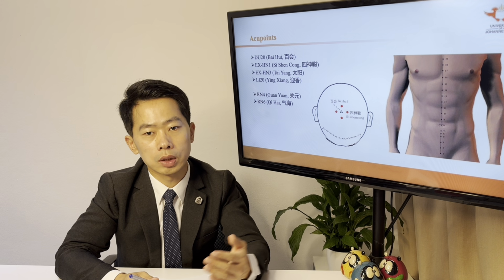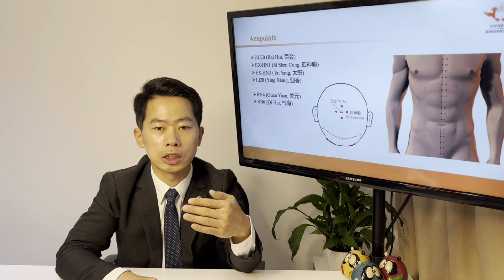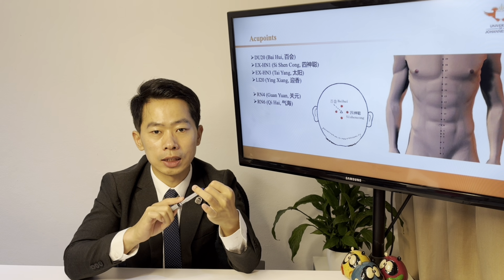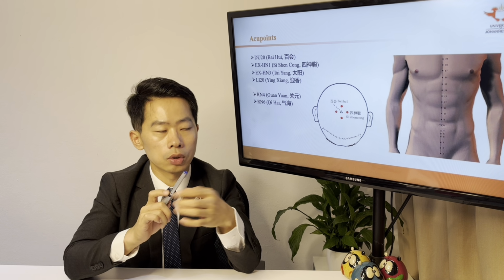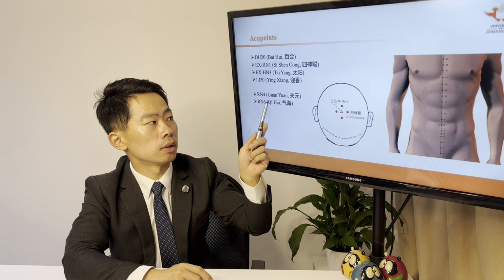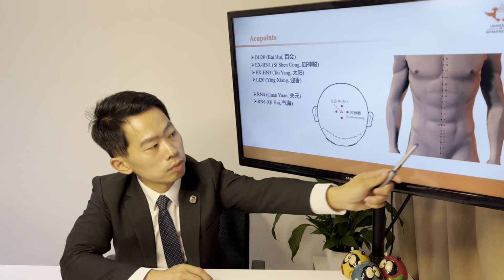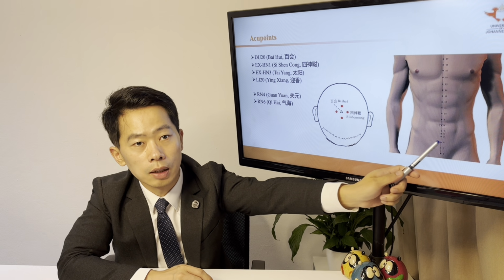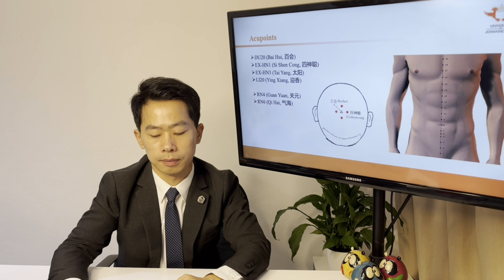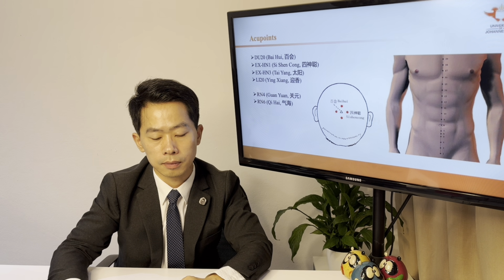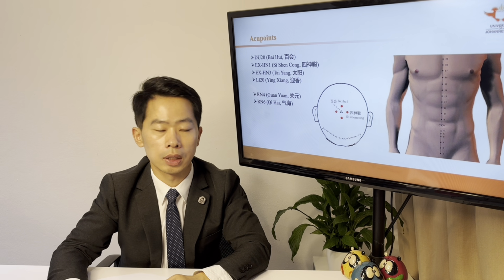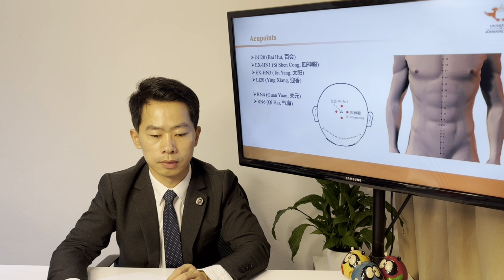When we say the qi disorder is related to lung, related to spleen, related to kidney, then you can use kidney, you also can use qi hai, because room 6 can tonify qi, can recover the qi function or promote qi in the body. And these two are mostly used for deficiencies, because they have the function of tonifying.